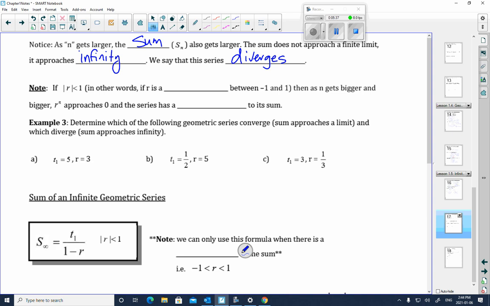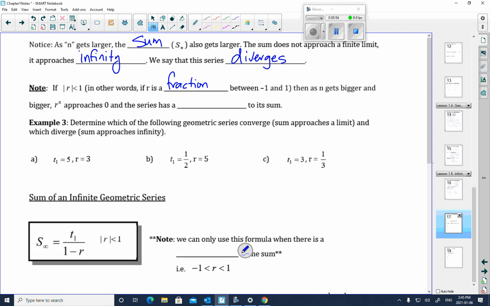So if the absolute value of r, the common ratio, is less than 1, in other words, r is a fraction between negative 1 and 1, it doesn't matter if it's negative or positive, it just has to be between negative 1 and 1.